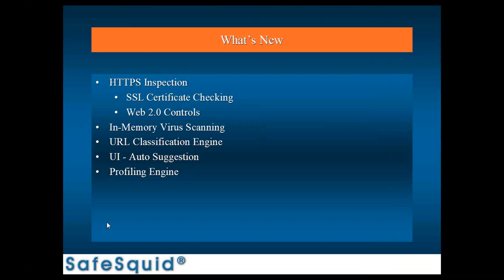Already SafeSquid had some features for that, but they required you to basically use another antivirus software and then SafeSquid could get connected to it. This definitely was a good way. It still is there, but it does have some latency. So we thought that we will put in some kind of an in-memory virus scanning, which will ensure a very good user experience.